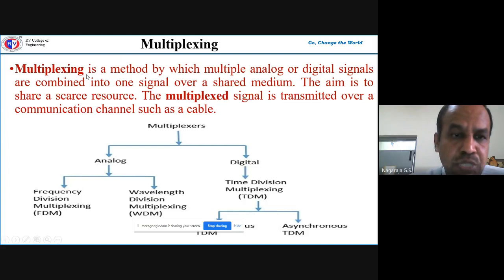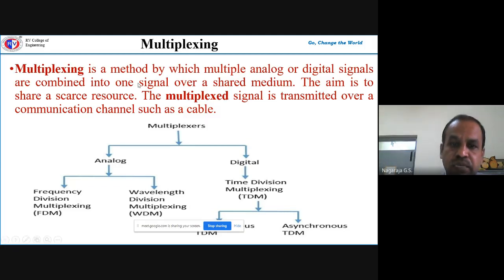The aim is to share a resource. The multiplexed signal is transmitted over a communication channel such as a cable, and you can receive the data from different data bit rates while combining your signals with one another.